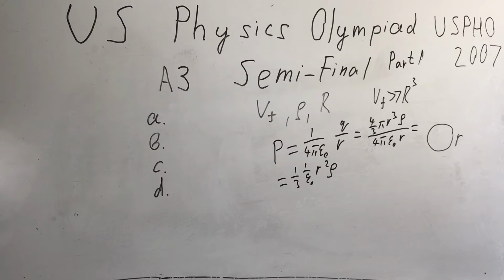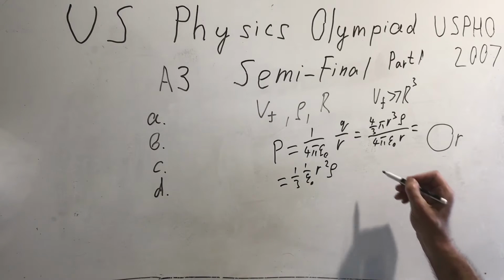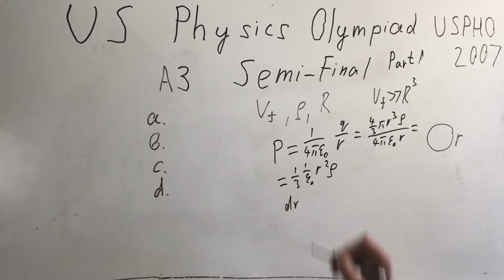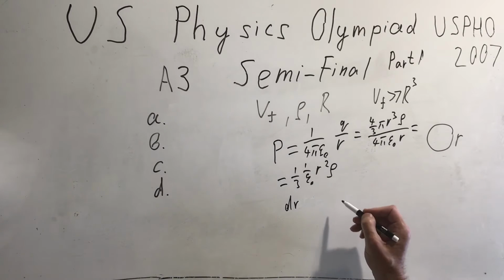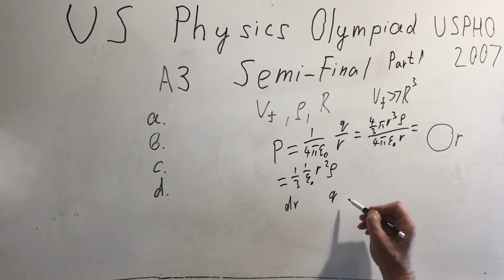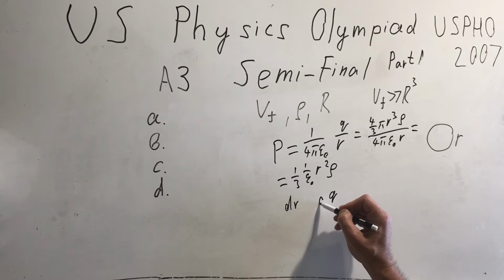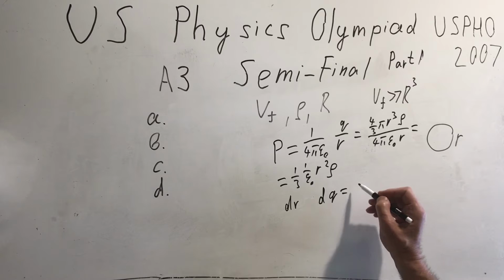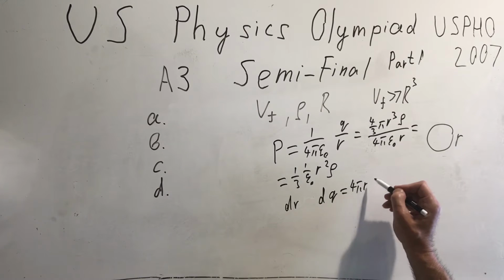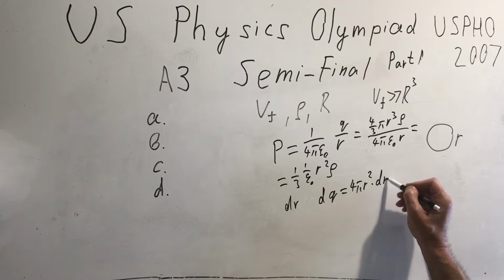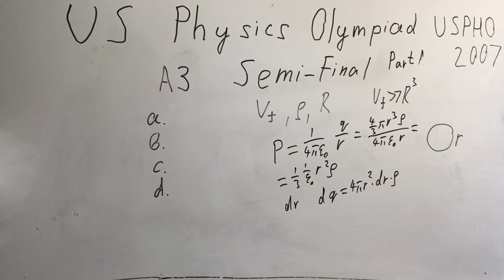Now, if we want to increase the radius of this drop by a spherical shell with a small thickness dr, we need to bring this shell from infinity to this surface. The total charge of this shell, dq, will be surface area multiplied by dr and multiplied by ρ.